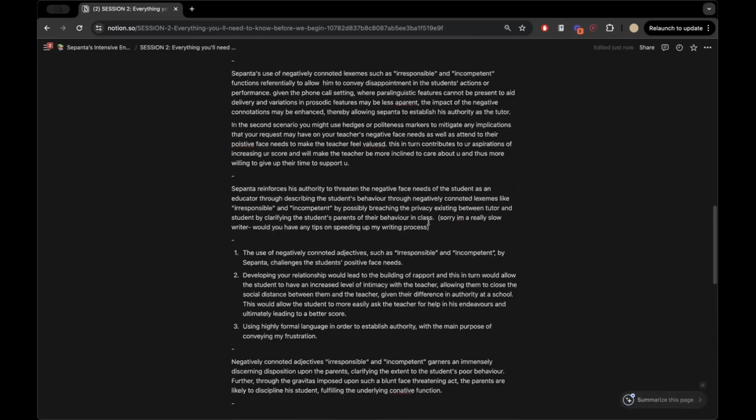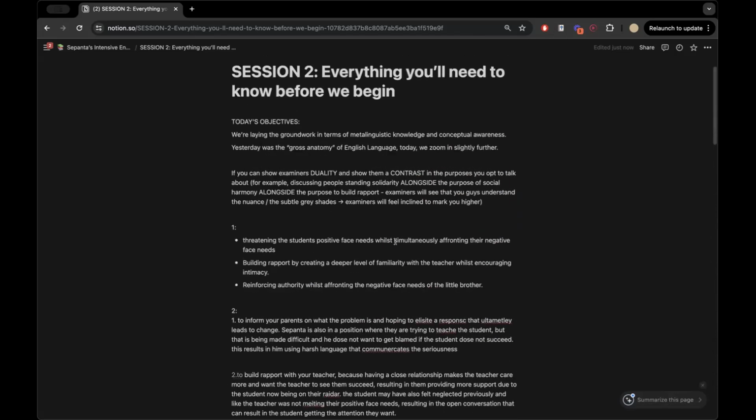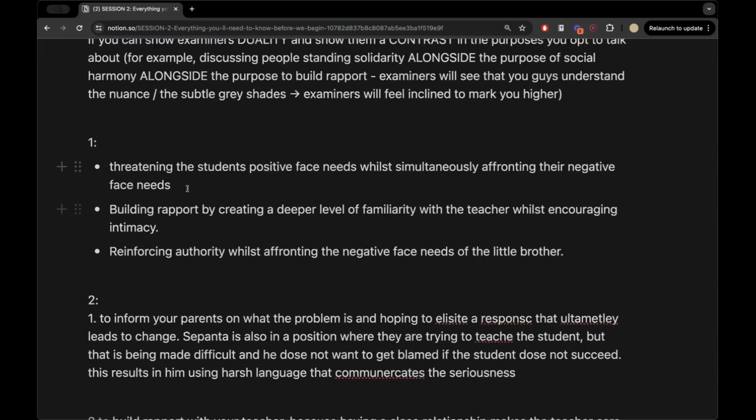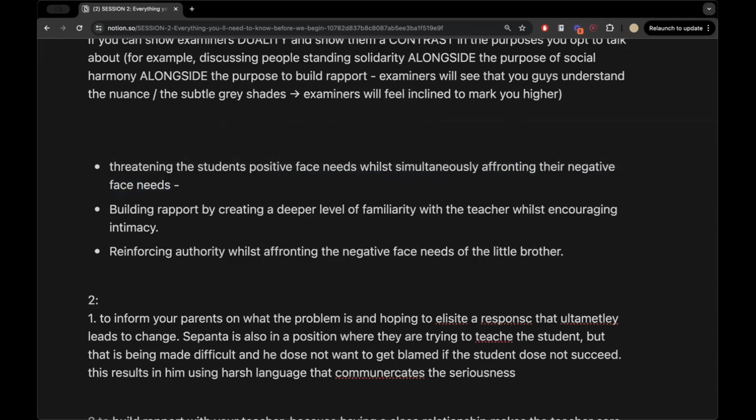So I'm going to go from the top, and I just want to have a look at the different ideas we have and highlight them. So we've got threatening the students' positive face needs whilst simultaneously affronting their negative face needs. Yes, but remember, more detail would be needed here in an AC, right?